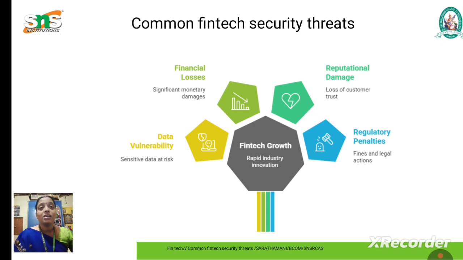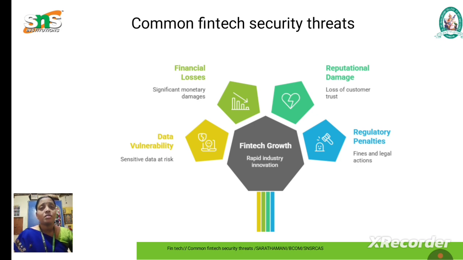The attack can result in data breaches, system downtime, and financial losses. Ransomware attacks can encrypt critical data and demand a ransom payment for its release. There are some mitigations. The first one is antivirus software. The second one is firewalls. The third one is regular software updates and intrusion detection systems.